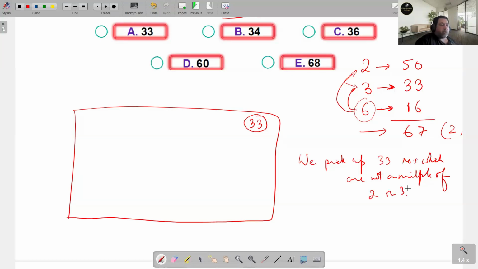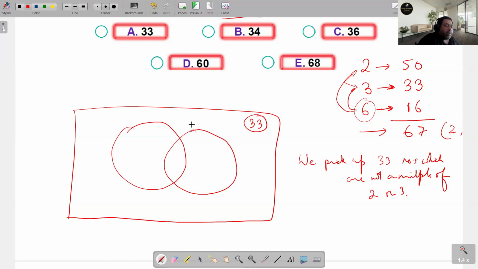These are those 33 numbers. Now the numbers which we have, let's make a Venn diagram here. There'll be some numbers which are divisible by 2, and these are the numbers which are divisible by 3, and these are the numbers which are divisible by both. And we found out all those numbers.